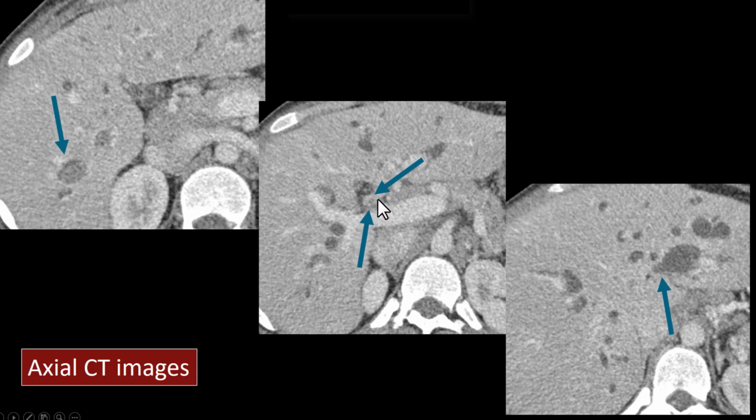These arrows are pointing at the common hepatic duct, which is thickened. We have a stricture here with this blown out sort of ballooning of one of these ducts. And then you also see that out here in the periphery of the left lobe.